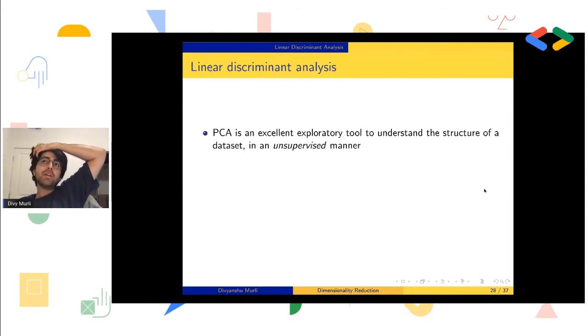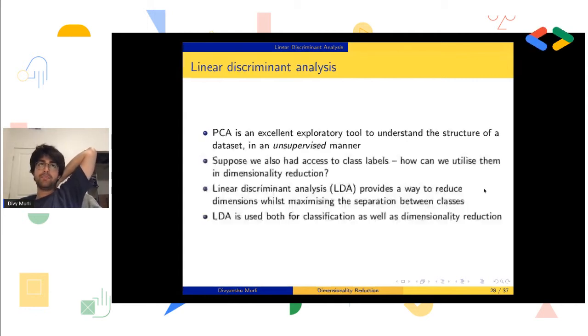PCA is a very good exploratory tool to understand the intrinsic structure of a data set. In the case where you don't have access to labels, here I had access and was able to color those three classes, but maybe I have a data set where I just have the data.